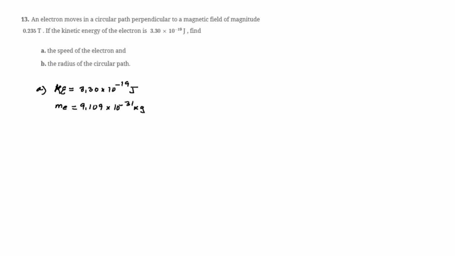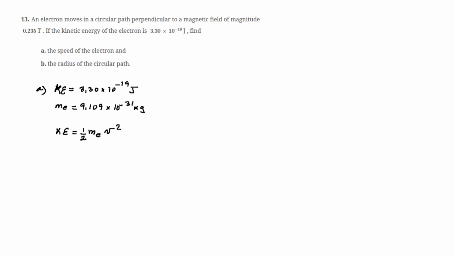So with this, I have enough information to find the speed of the electron, because we know that kinetic energy is 1/2 the mass, in this case the mass of the electron, times the square of the speed of this electron.